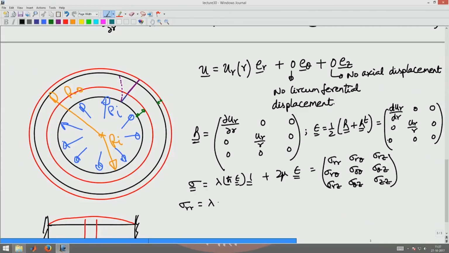So it will be lambda plus 2 mu du r by dr plus lambda times u r by r. Okay.